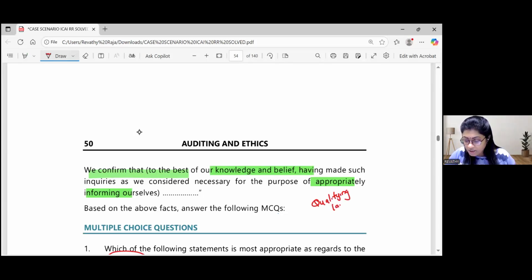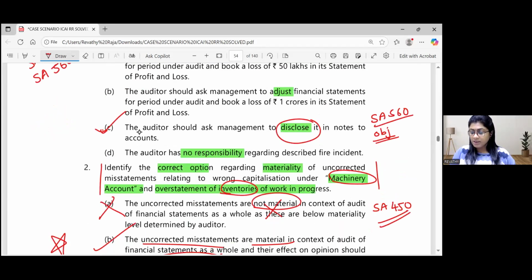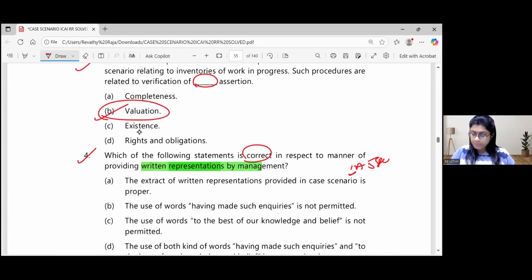Can representation contain qualifying language? Answer is, if reasonable and satisfied, yes. Let's refer to 580. If reasonable and satisfying, yes.